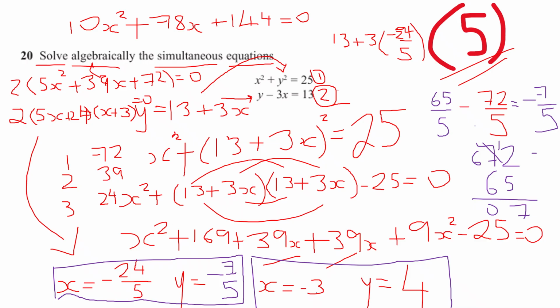All we normally do is rearrange the linear equation into the form y equals mx plus c, or x equals a function of y, and sub that into our quadratic equation, whether it's a circle, a quadratic, maybe even a cubic, although a cubic probably isn't GCSE level. Rearrange, expand and simplify, factorize, sub in, and there you go. That will be a nice 5 marks to get in your exam.